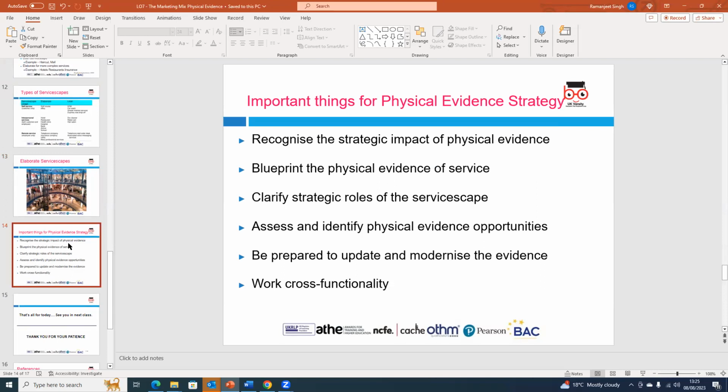Okay, the physical outlook of the place. Other physical evidence is important, like you need to recognize the impact of physical evidence on the strategic plan of the organization. If your physical evidence shows that your organization or your place is dirty, this will have an impact on the overall objective of the organization, because people will not feel comfortable, or people will not want to achieve targets, or employees may not want to go to work because the environment is not very conducive, very clean and very welcoming.